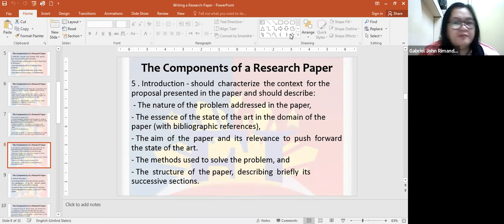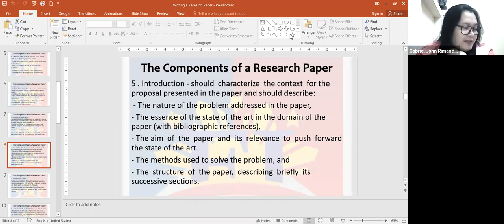Number 5 is introduction. So what will you write on the introduction? It should characterize the context for the proposal presented in the paper and should describe the following. So you have the nature of the problem, the essence of the state of the art in the domain of the paper with bibliographic references, but the bibliographic references come in the last part of your research after you have done everything.